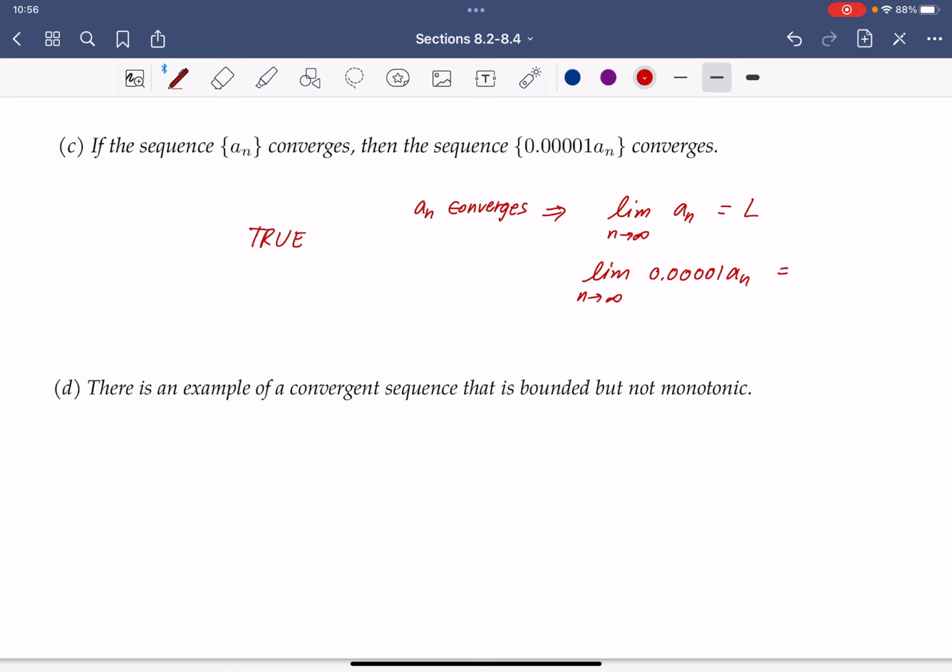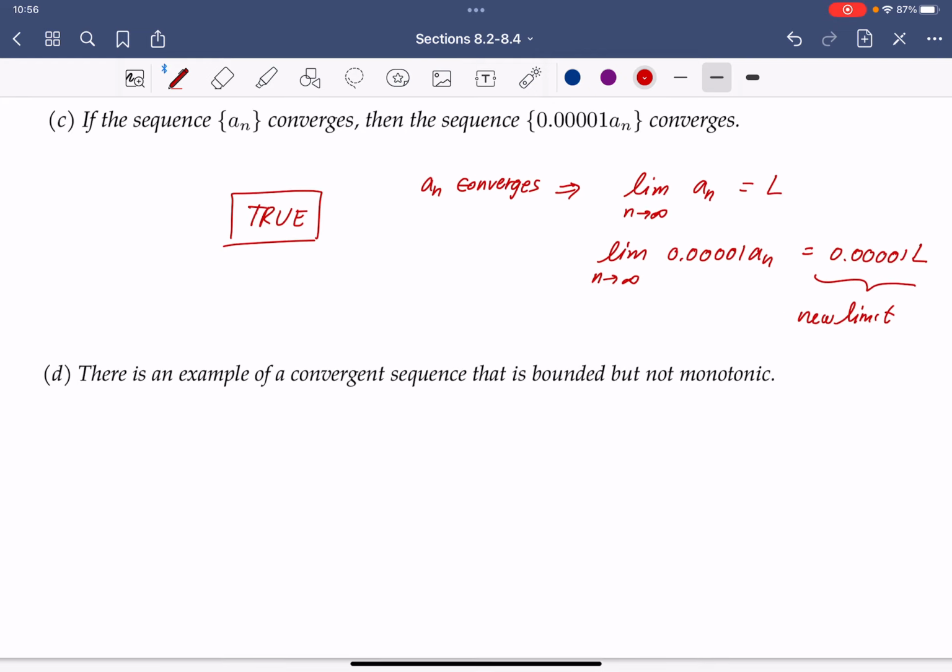You can pull out the number, and then the limit here should be 0.00001 L. You can just pull out the constant and then you get its limit. So this should be the limit for the new sequence. Which means this statement is true, because we can conclude that the constant times a_n is convergent as well.